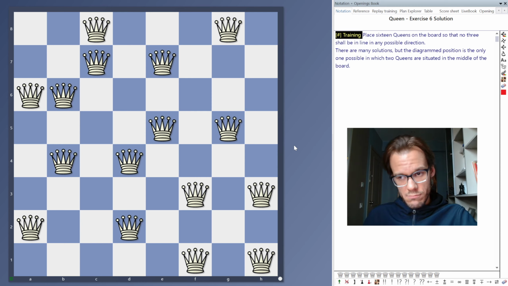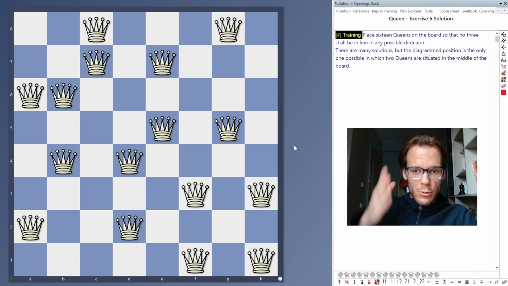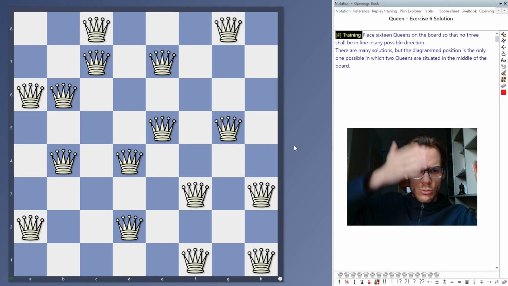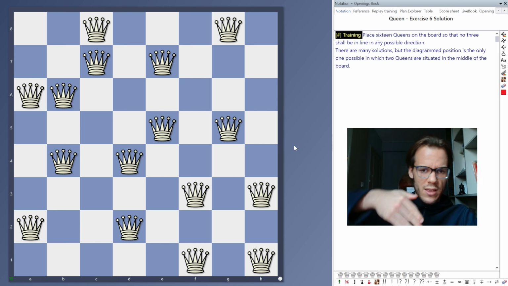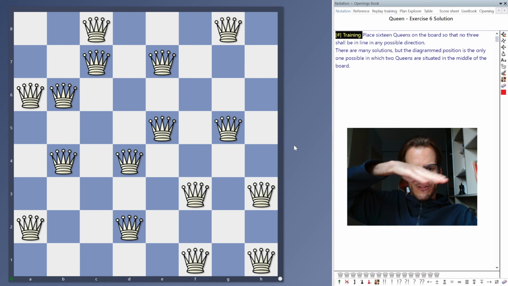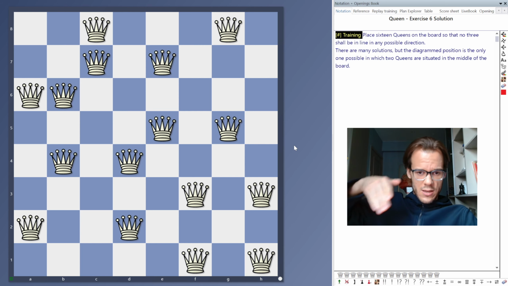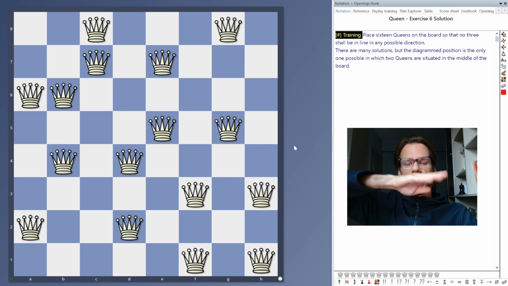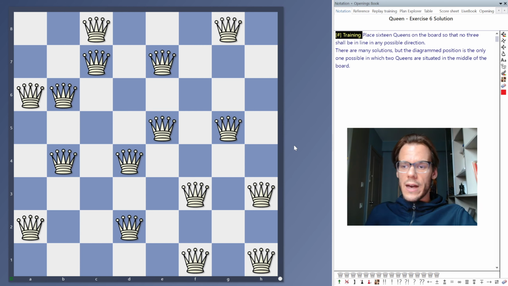The answer: there are many solutions, but this is the only one in which 2 queens are in the center of the board. You can double check: on each file, each rank, and each diagonal, only 2 queens. So it works. It's correct.